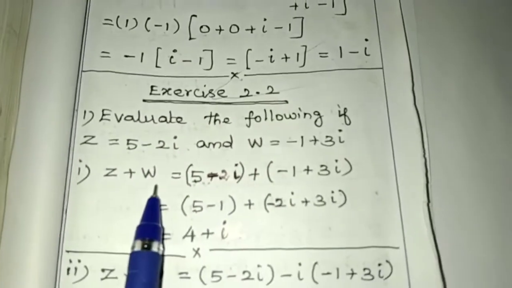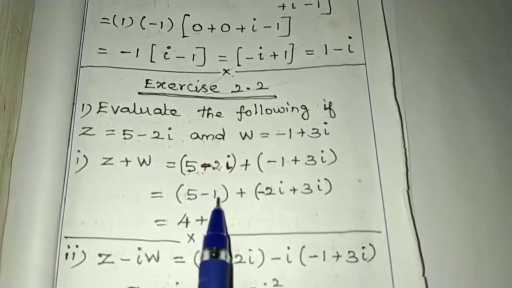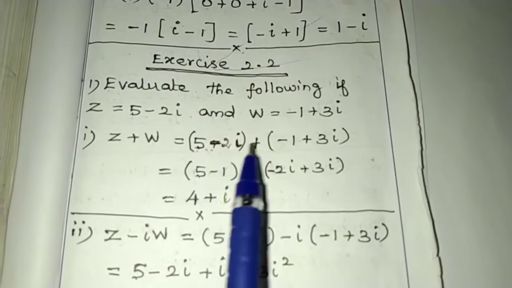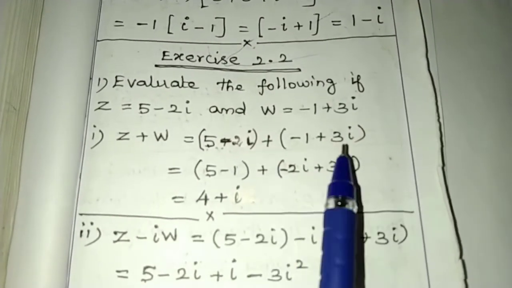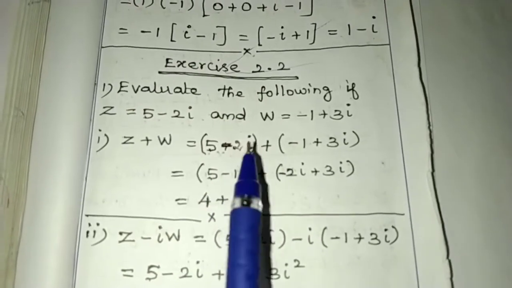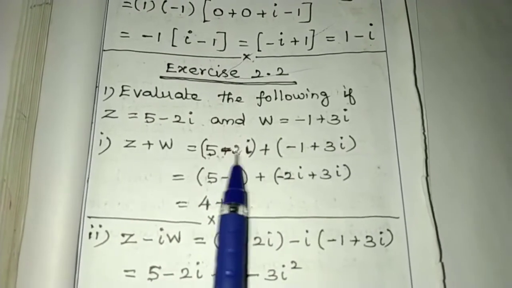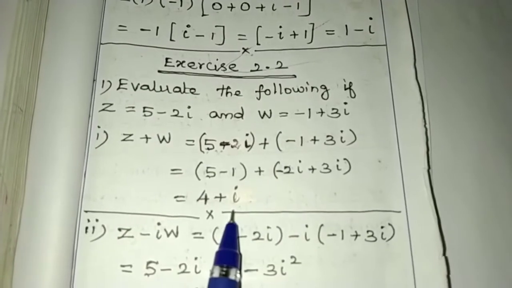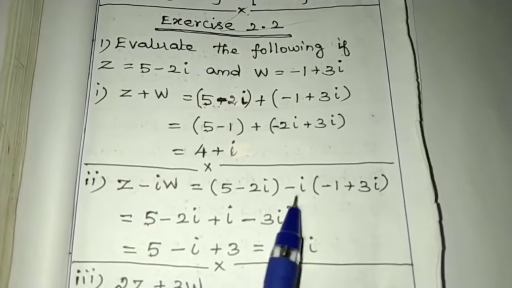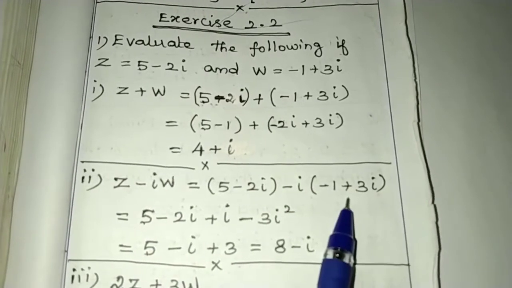First, z plus w. z plus w means 5 minus 2i plus minus 1 plus 3i. That is 5 minus 1, 4, and minus 2i plus 3i, that is plus i. So z plus w is 4 plus i.